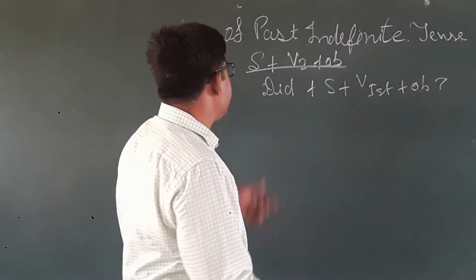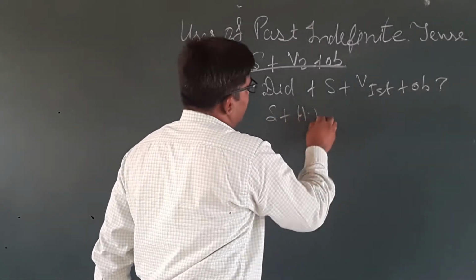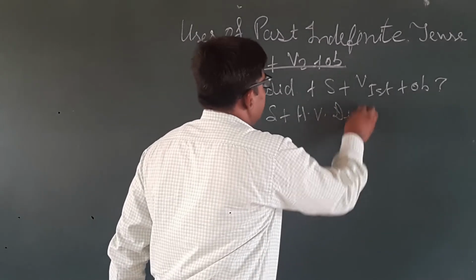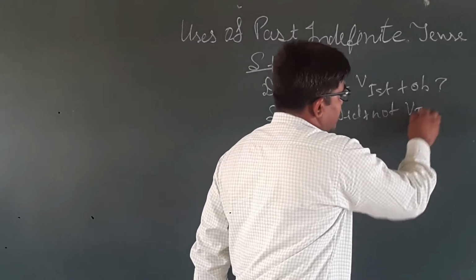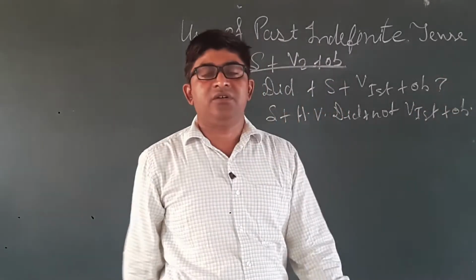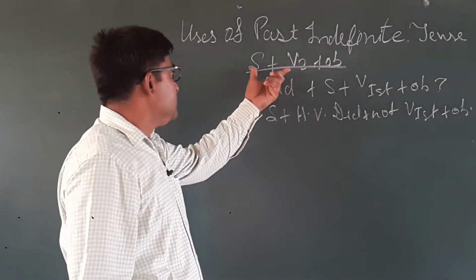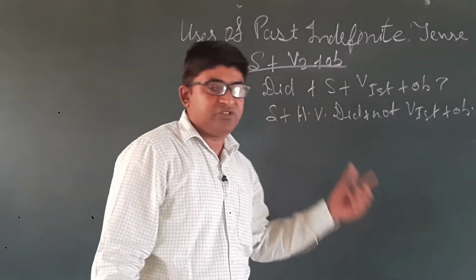In a negative sentence we shall use subject plus helping verb did plus not, then verb in first form, then object. This will be the structure for the simple sentence, interrogative sentence and negative sentence.